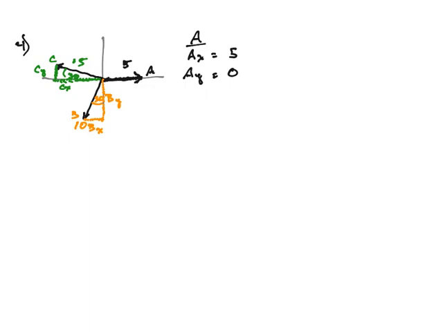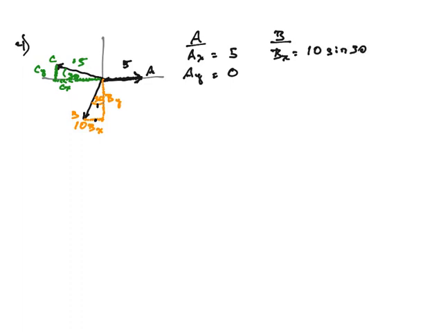Okay, vector B, I need a BX. So I look at vector B and I say, okay, BX, that's the horizontal side down here. That side is opposite to the angle. So that's opposite goes with sine. So BX is going to be 10 sine 30.